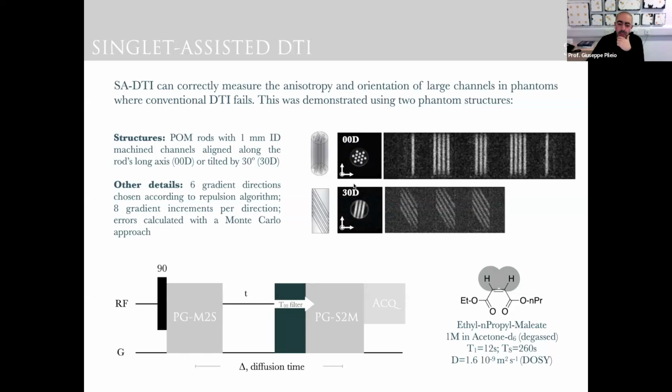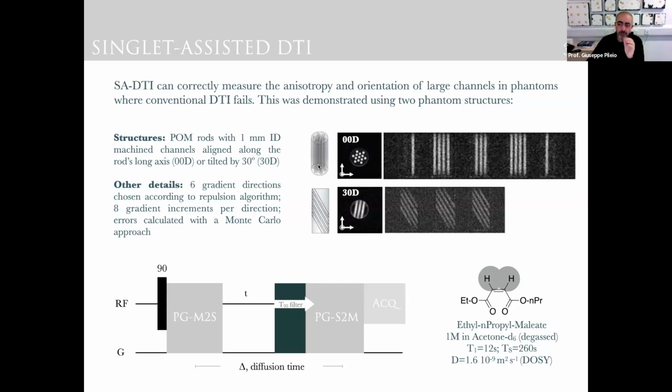But then we would like to infer some information about the structure containing this molecule. We fabricated some phantoms made of plastic. We drill some holes. The holes are quite big, 1 millimeter, so you can't do this experiment with conventional DTI.